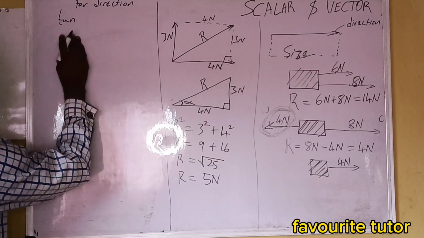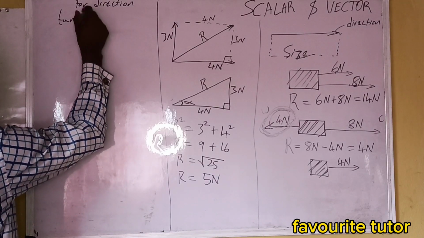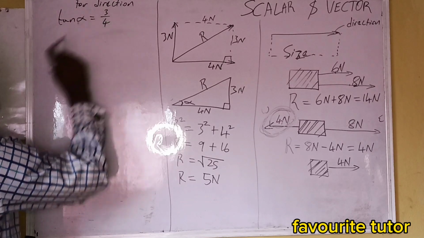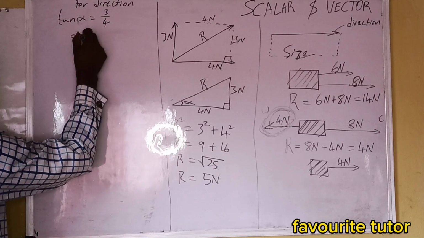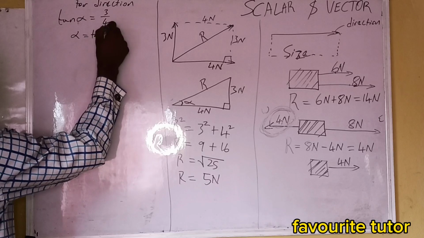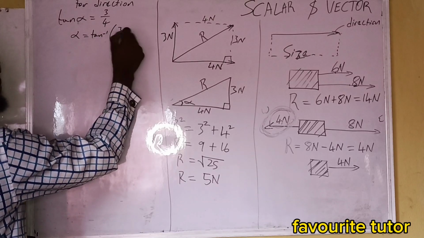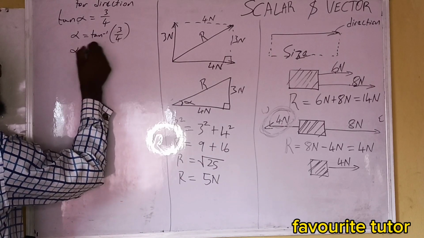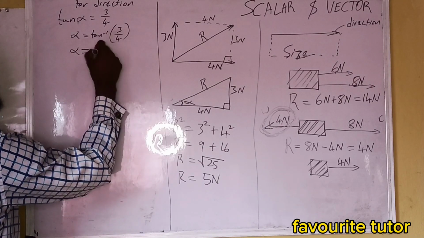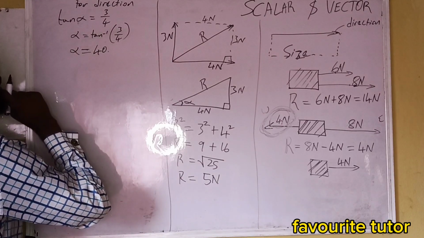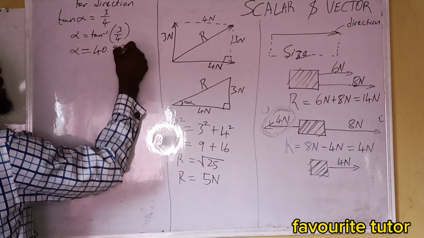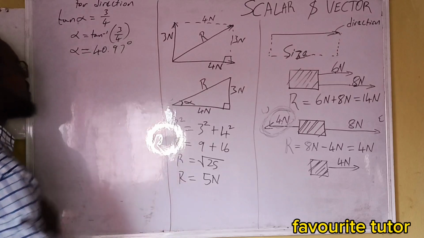Tan alpha equals 3 over 4, so alpha equals tan inverse of 3 over 4, which is approximately 40.97 degrees.